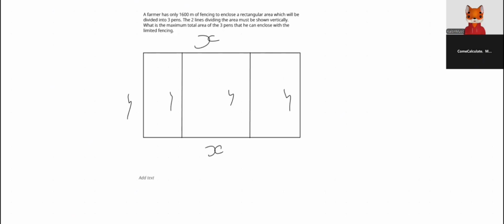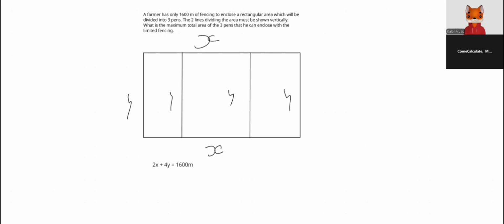Because the total fencing required is 1,600 meters, this means that 2x plus 4y equals 1,600. The total area will be x times y. Great.